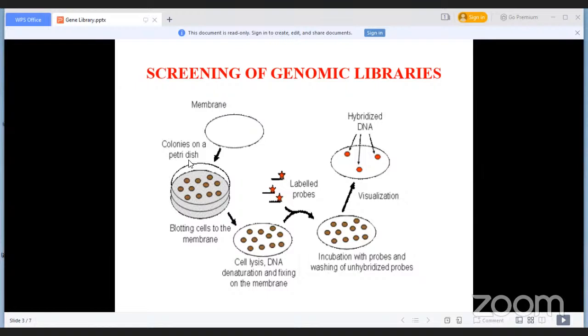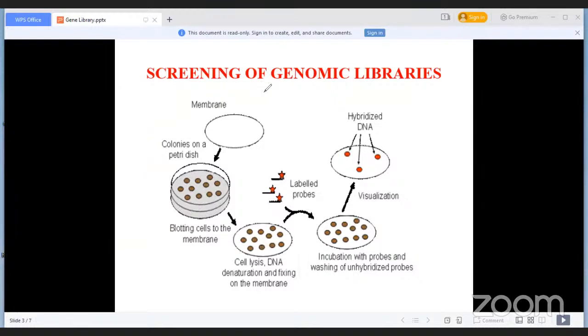That means we know what luxury genes are. There's one small difference here. In a genomic library, the entire genome is the same in every cell.